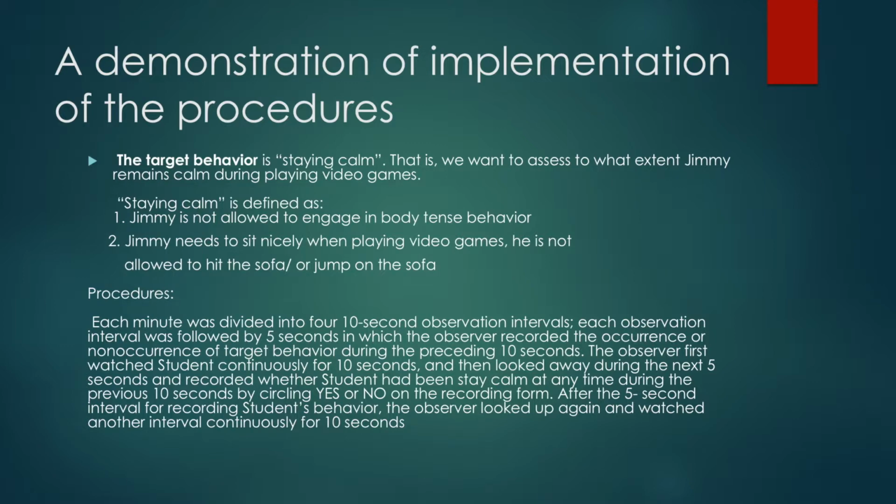The observer first watches the student continuously for 10 seconds, then looks away during the next 5 seconds and records whether the student has been staying calm at any time during the previous 10 seconds by circling yes or no on the recording form. After the 5 seconds of recording, the observer looks up again and watches another interval continuously for 10 seconds. Now I'm going to demonstrate how we can do that, and here comes the practice time.